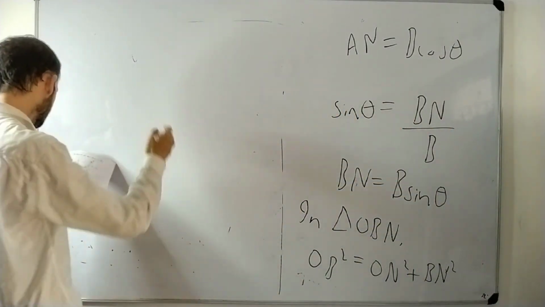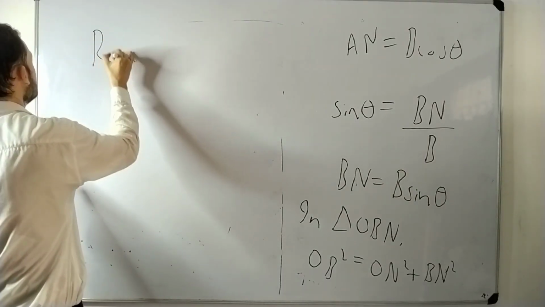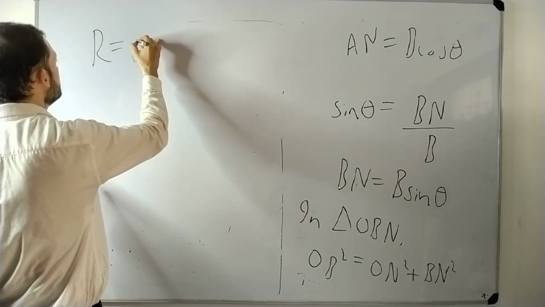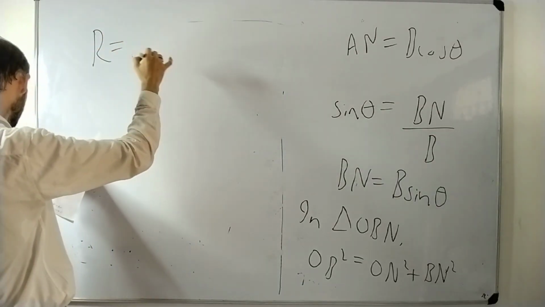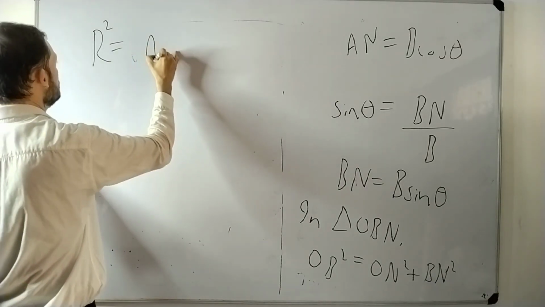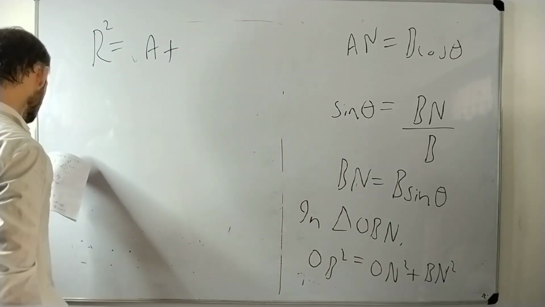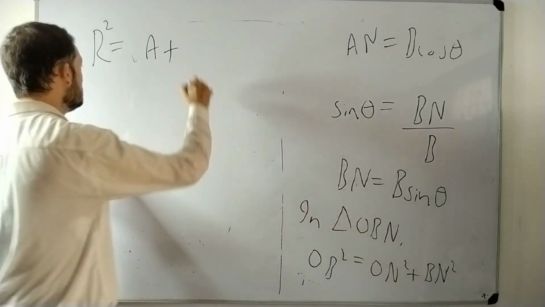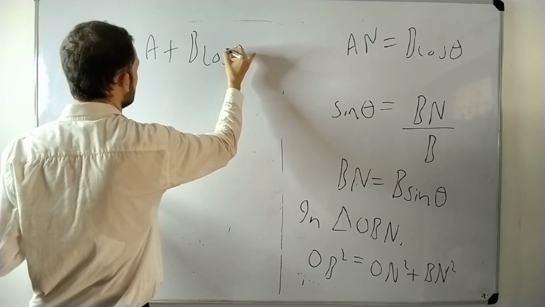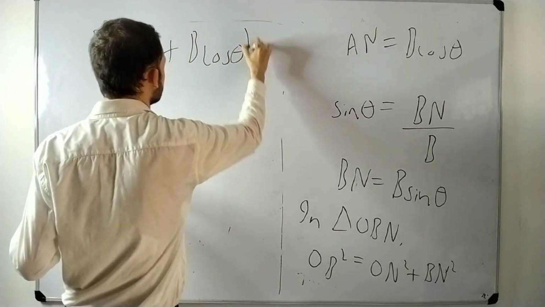Now the next part. What is the value of OB? Its value is R, so R square equals A plus B cos theta, all squared, from the figure. If you have drawn the figure, you might have noticed it.